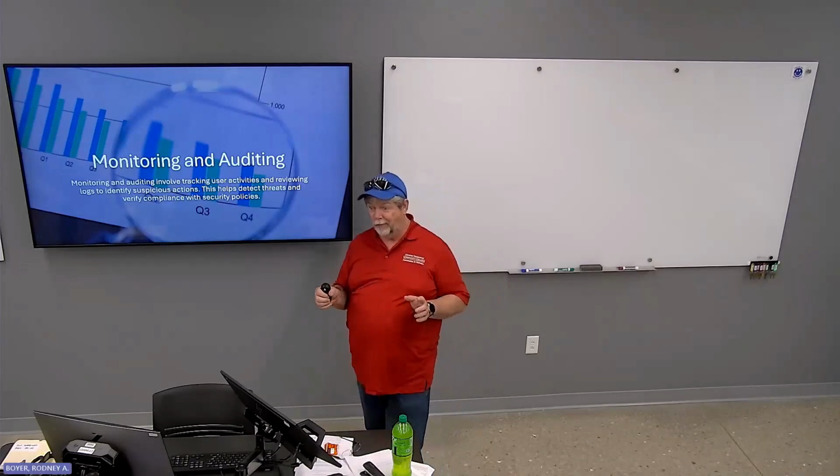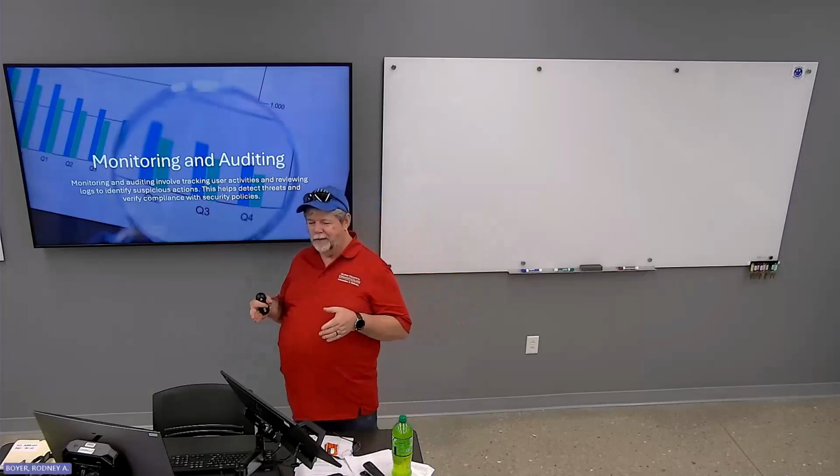Monitoring and auditing involves tracking user activities and reviewing logs to identify suspicious actions. This helps detect threats and verify compliance with security policies. What that means is, if you're diligent about it, you can pretty easily figure out what people's patterns are, what they access, what they don't, how long they stay in a particular application or website, and pretty scary fast develop a profile of somebody.